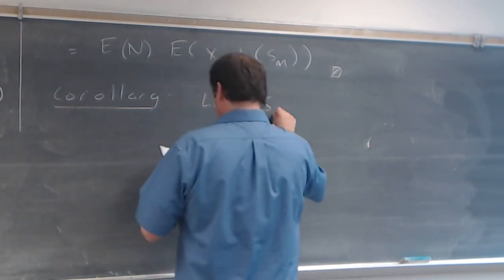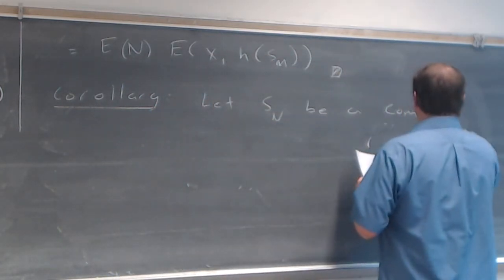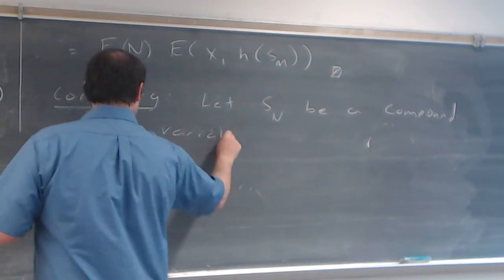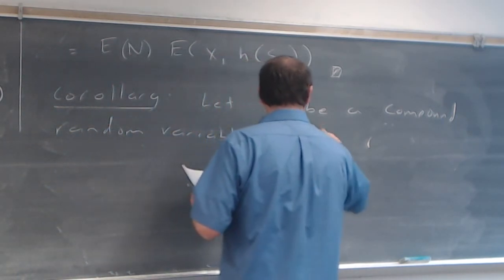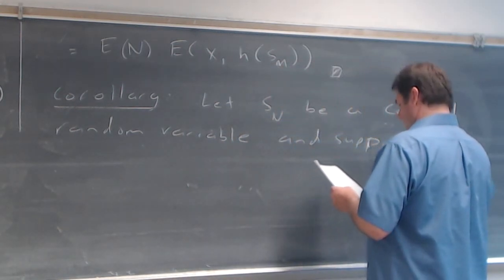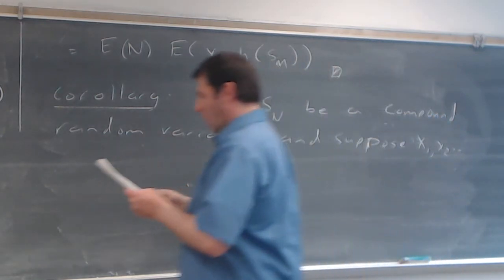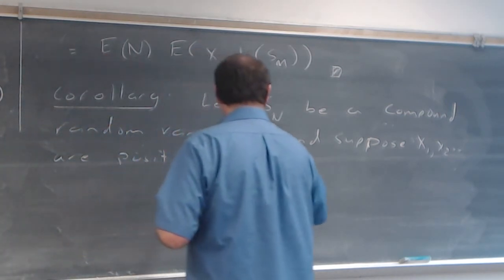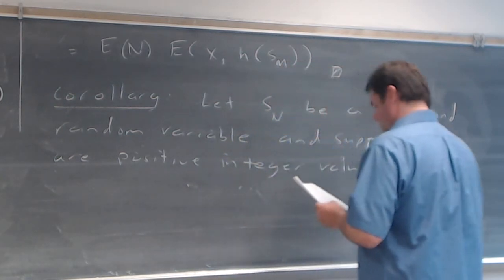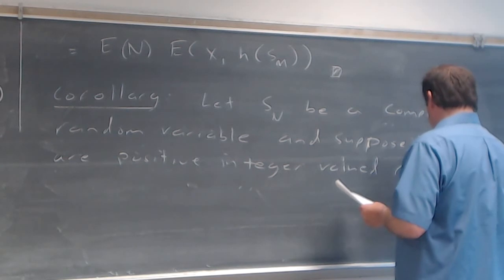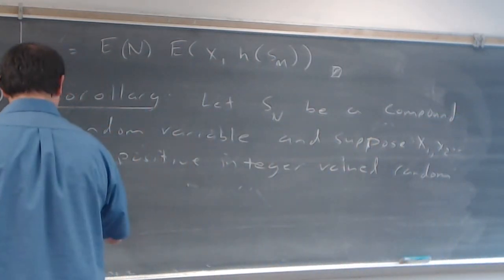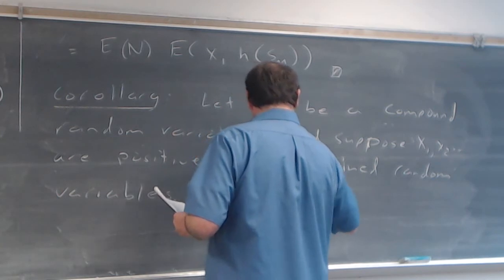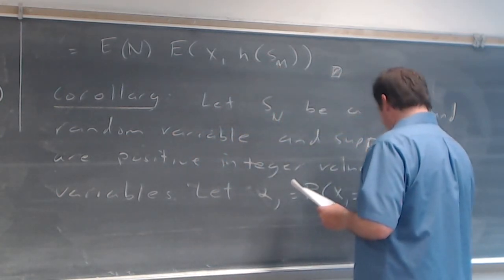It says let S of n be a compound random variable, and suppose that x sub 1, x sub 2 are positive integer valued random variables. And for notation, let alpha sub j equal the probability that x sub 1 equals j, where j is greater than 0.